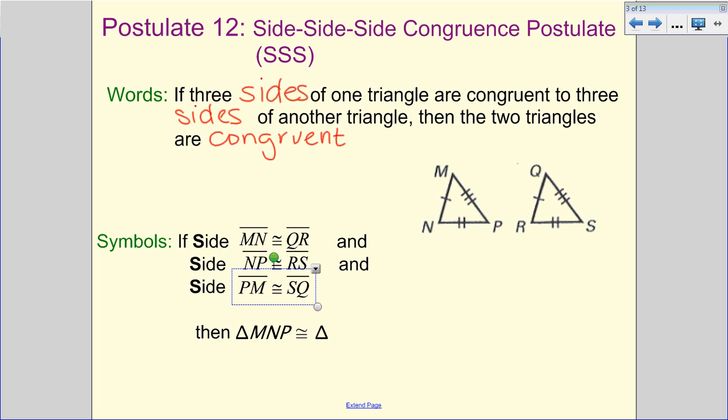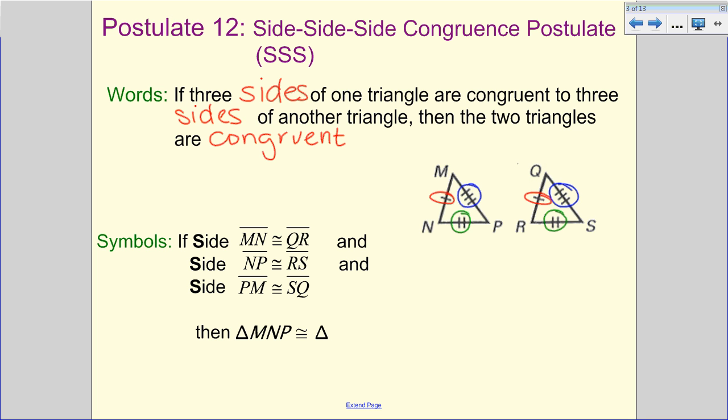So let's take a look at what they mean by that, where the side, side, side comes from. If side MN is congruent to QR, we can see that they're congruent by the congruency marks. And NP is congruent to RS. We can see it by the congruency marks. And this "and" means we have to include all of them. PM is congruent to SQ. Then we can say that the two triangles are congruent.